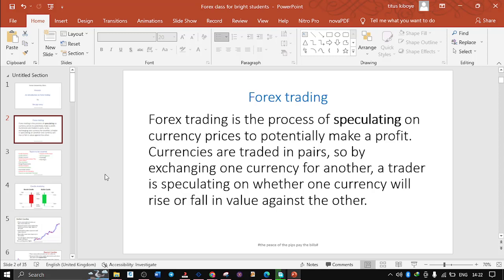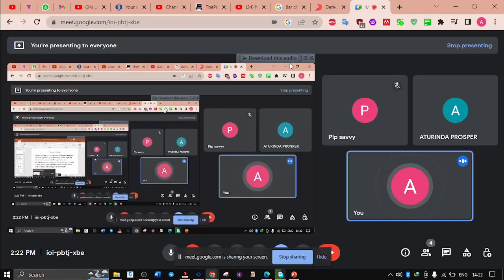So I think I've not shown you how currencies are paired. Have you seen something like currencies being paired? Now currencies are paired like, let me get something. Currency pair. What's wrong with my keyboard?